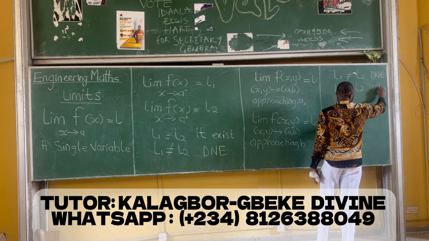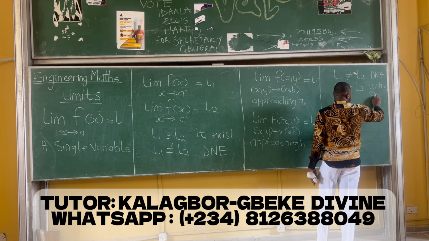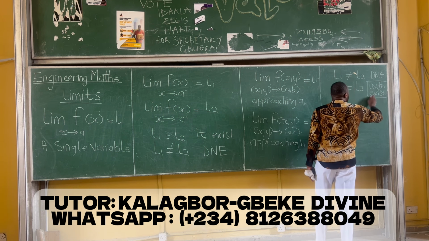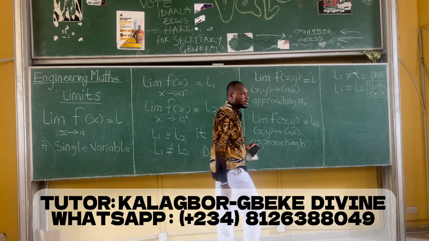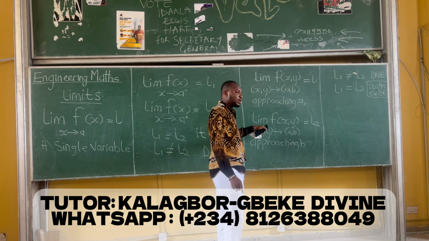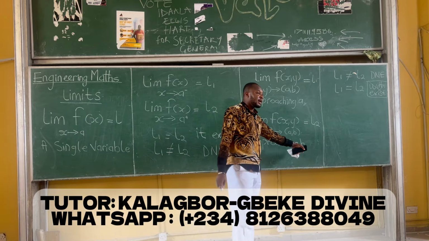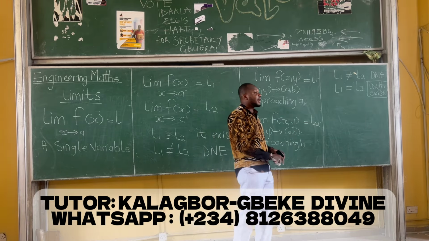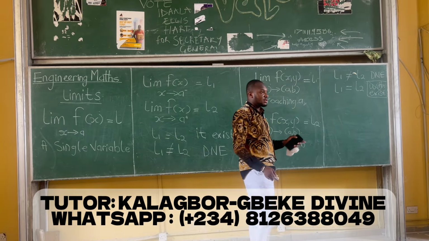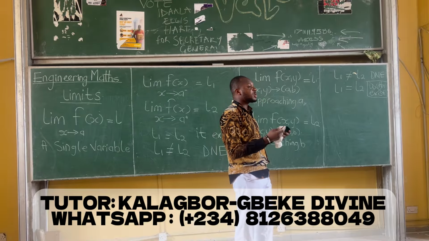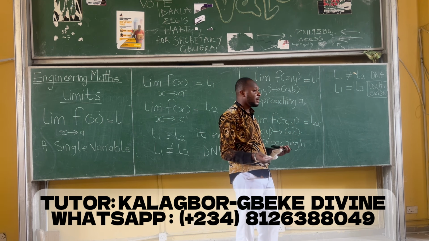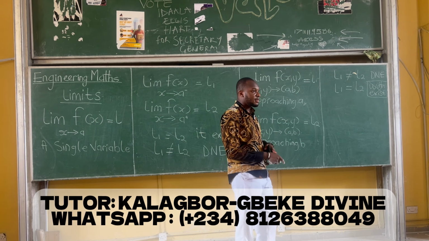We cannot say this when it comes to functions of several variables, because they have so many paths we can take. If we approach from a and approach from b and we get the same answer, we cannot just say it exists. Even if we have 5 different paths getting the same answer, we cannot say it exists. If we have 10, we cannot say it exists because there are almost infinite paths you can use to approach in several variables.